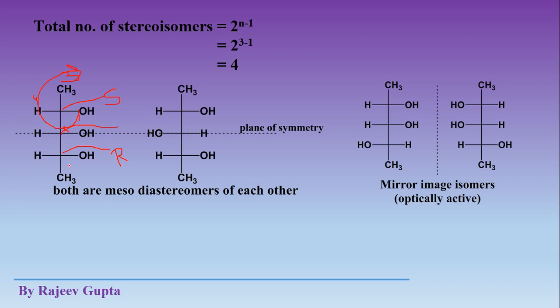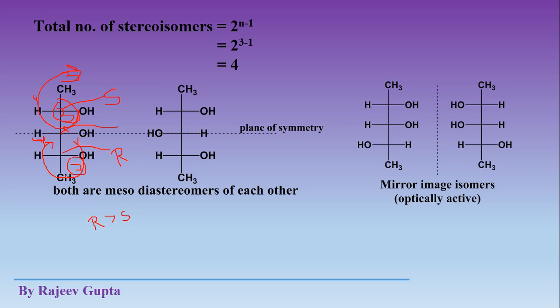For this pseudochiral center, how will we determine the configuration? This will get one, this will get fourth, and R gets priority over S. So one, fourth, this will get second, and this portion will get third. So 1 to 2 and 2 to 3.